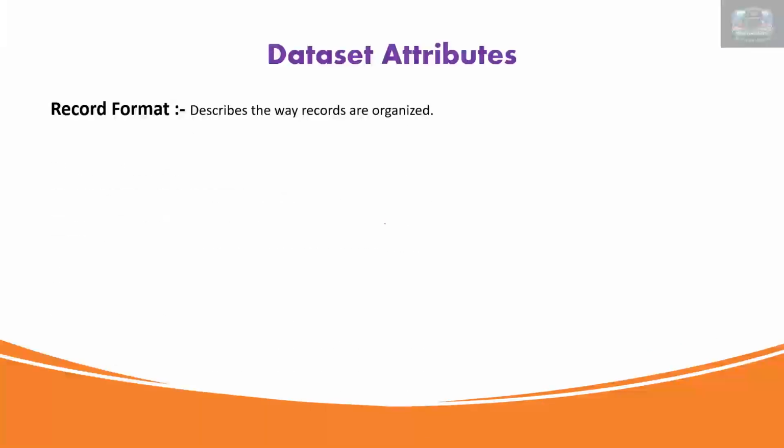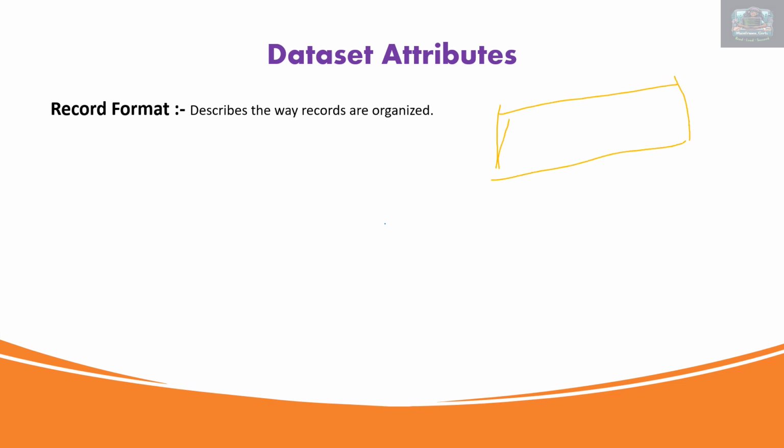So now you know what record length and block size are. The next thing you have to know is how the records are arranged in a block. That is the record format, which describes the way records are organized. Think of this as a data block.